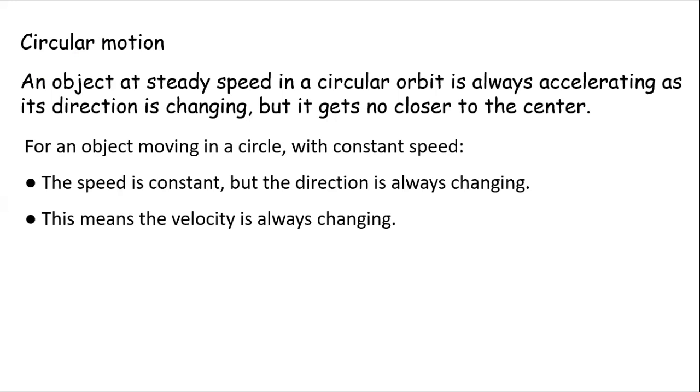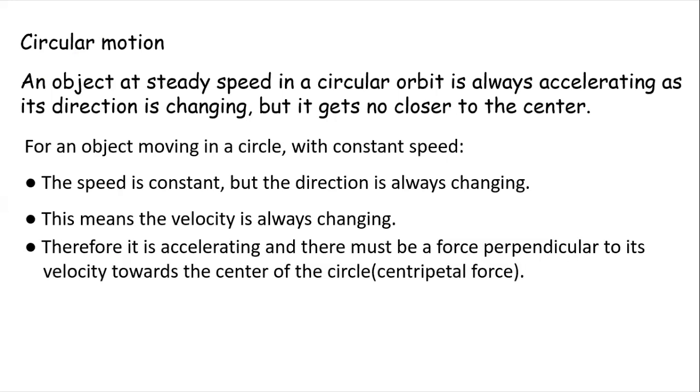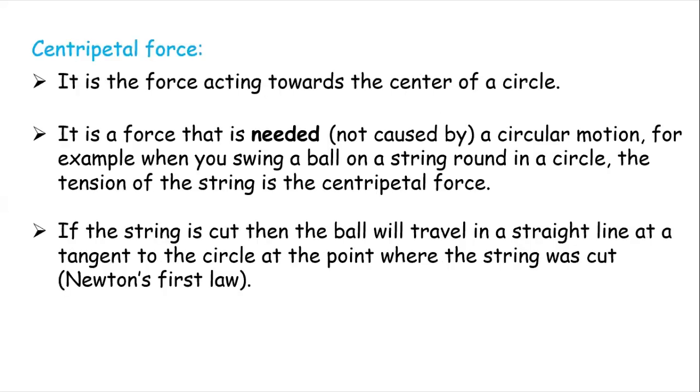This means the velocity is always changing. Therefore, it is accelerating and there must be a force perpendicular to its velocity towards the center of the circle. This is centripetal force, the force acting towards the center of the circle. It is a force that is needed, not caused by the circular motion.